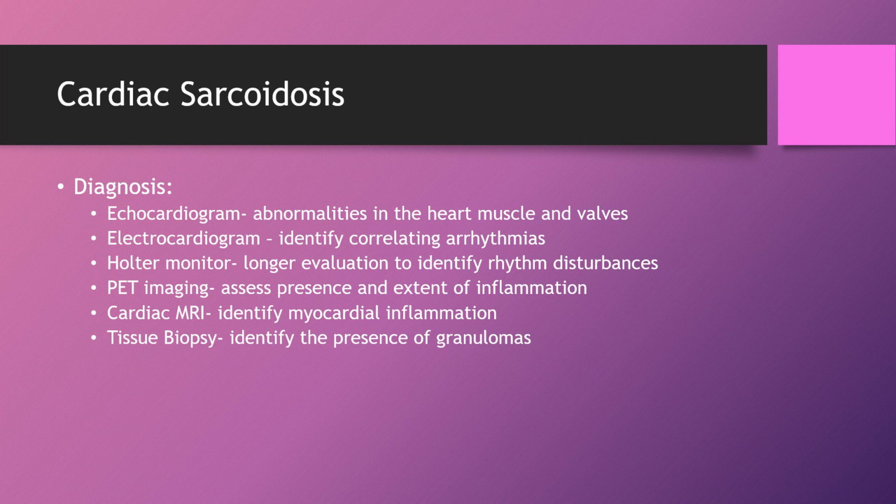It doesn't necessarily show the presence of granulomas, but it will show the effect of sarcoidosis, where it has abnormalities in the heart muscle and valves. An EKG will identify the correlating arrhythmias. A lot of times tachycardia is one of those. A Holter monitor is just a longer evaluation to identify those rhythm disturbances that can occur secondary to sarcoidosis.